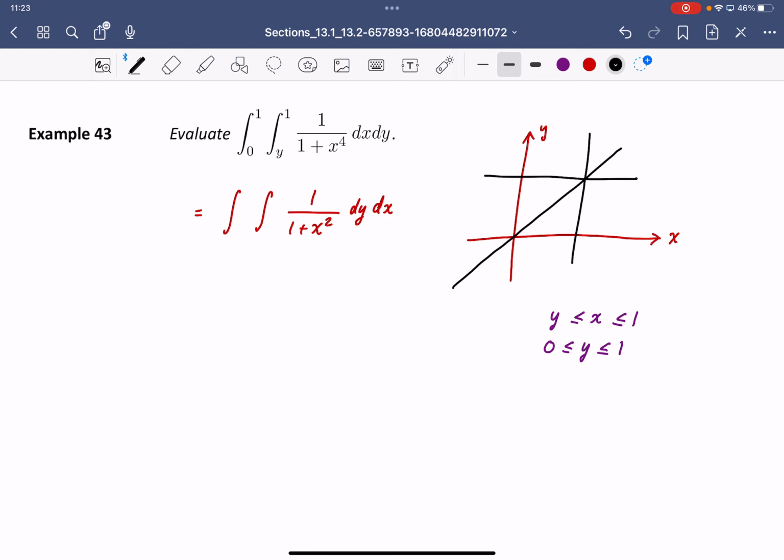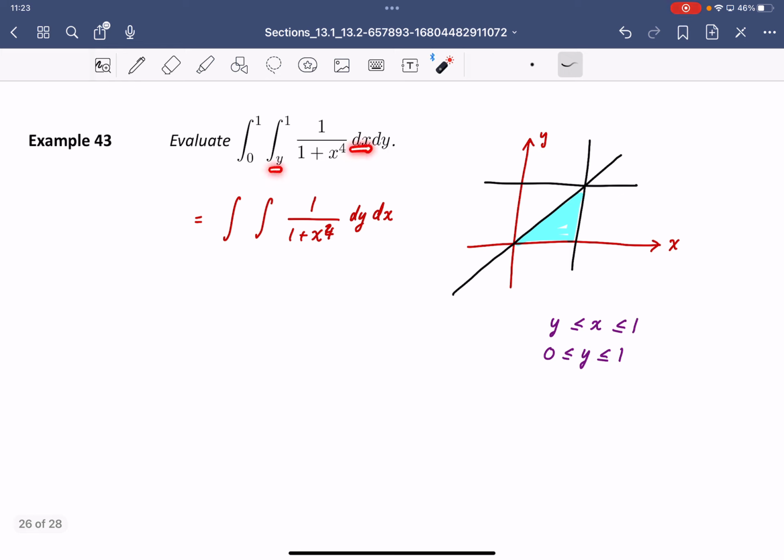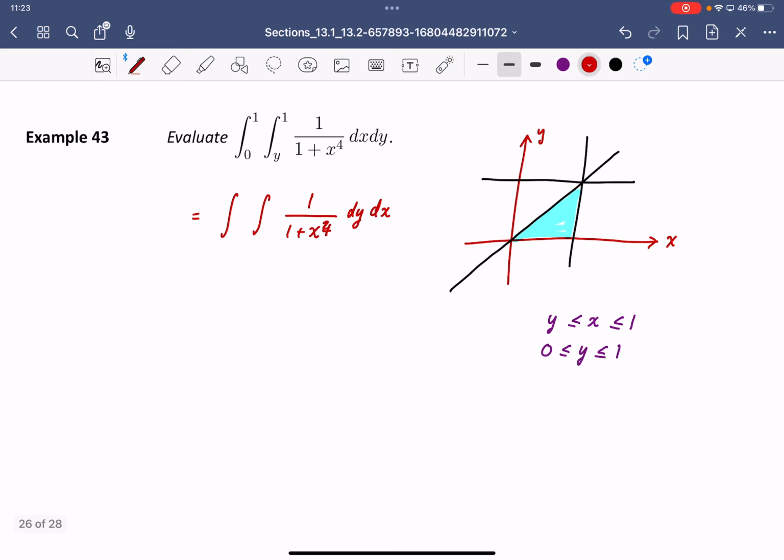So what is the region of interest here? It should be x from y to 1, so it should be the blue one here, right? Because every time you start from x equal to y to x equal to 1. So this is the intersection 1, 1. This is y equal to x. This is y equal to 1. This is x equal to 1.